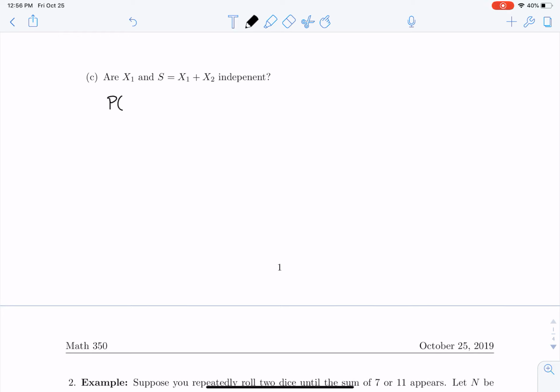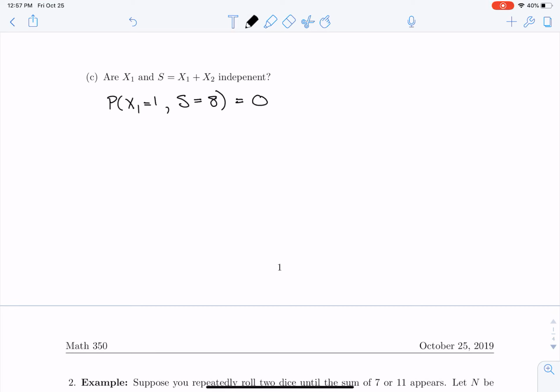What is the probability that X1, the first die, equals 1, and the sum of the dice equals 8? Well, there are actually no outcomes where the first die equals 1 and the sum of the dice is 8, because each of the dice is only numbered 1 through 4. So the probability of this occurring is 0.